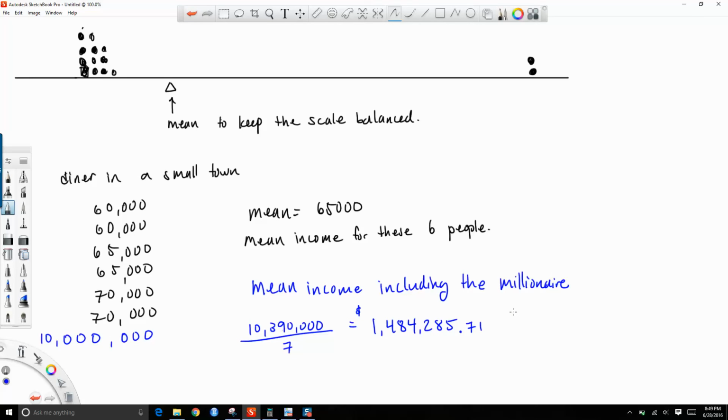Now does it seem reasonable to say that the typical income in this diner is $1.5 million? No. That's because here we have something that's very, very right skewed with one person making 10 million, and that's going to affect the mean. So the mean is very much affected by extreme values.